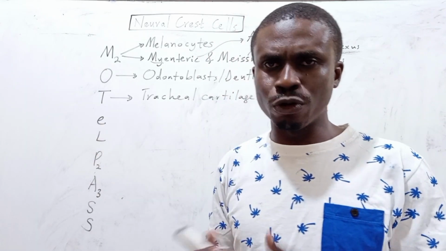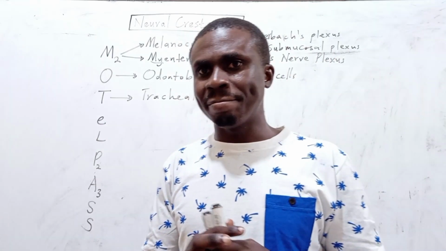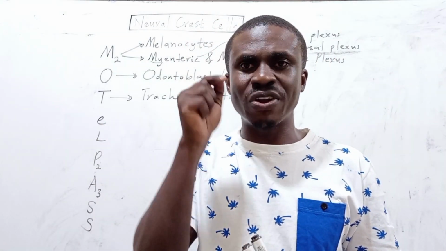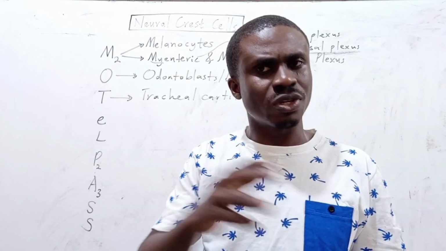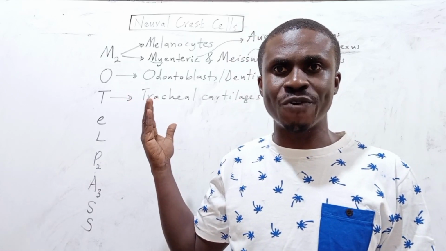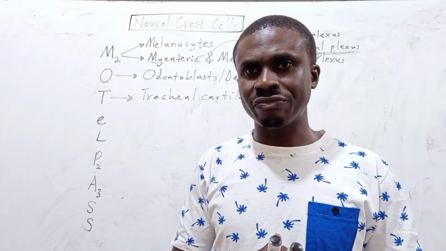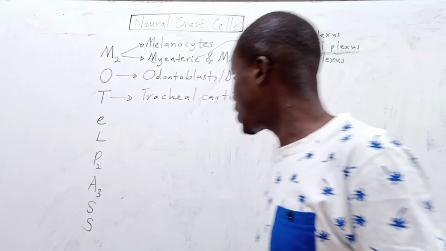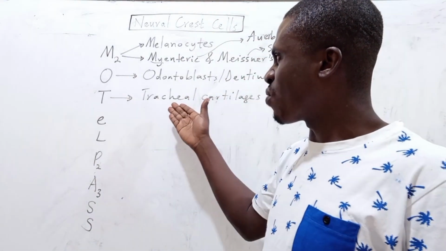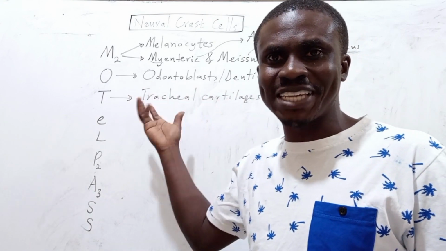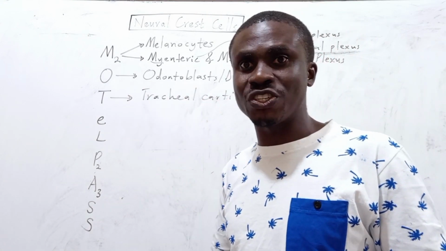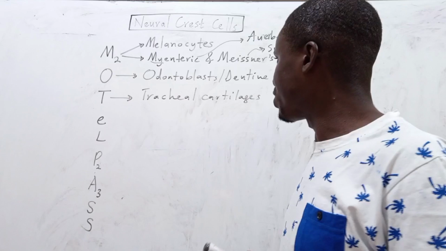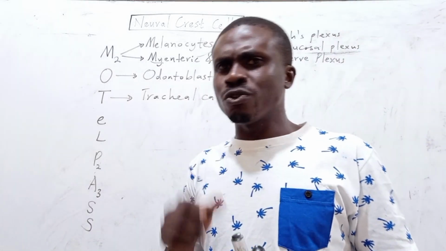So at this point, I want you to put down also that cartilages of the pharyngeal apparatus will be coming from the neural crest cells. So if there's non-migration, then these cartilages may not be able to come. I want to also say something.